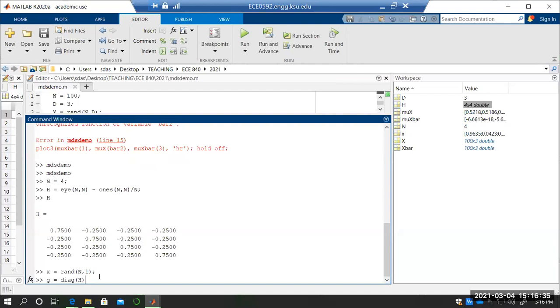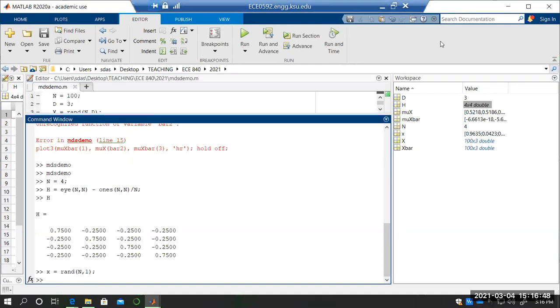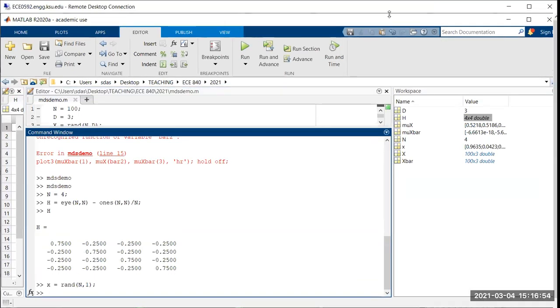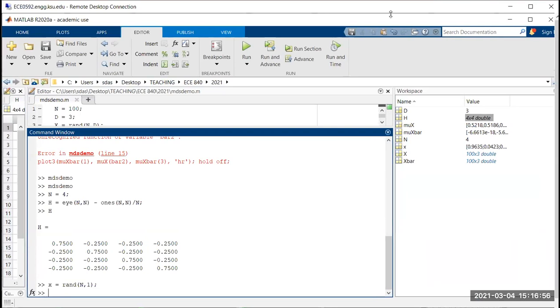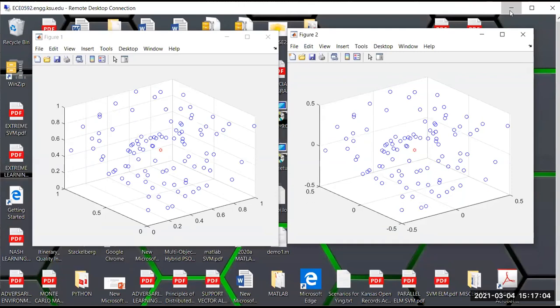No, it was the diagonal. No. What was it? Okay, it was H1G transpose.